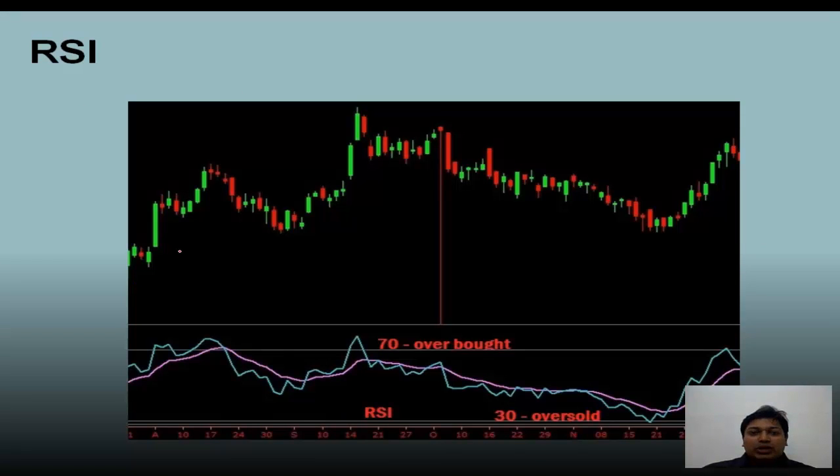Let's have a look at this chart. These are the candlesticks. This is the price which is represented by candlesticks. I have plotted RSI below the candlesticks or the price chart. This is level 100, this is level 0, and then there are two bands. This one is 30 and this band is 70.